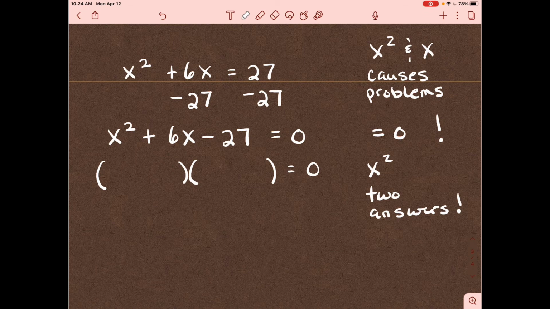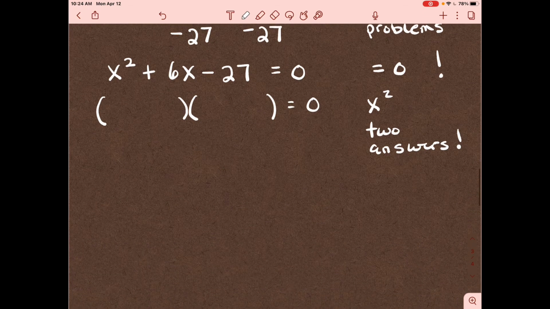So we're going to start by looking at negative 27. Negative 27 can be factored into 1 and 27, not 2, but 3 and 9, not 4, 5, 6, 7, or 8, but 9 and 3. I need a positive and a negative in order to make a negative.